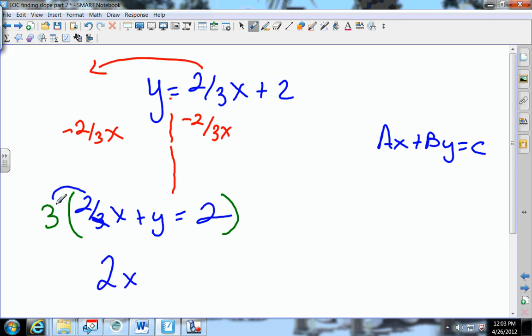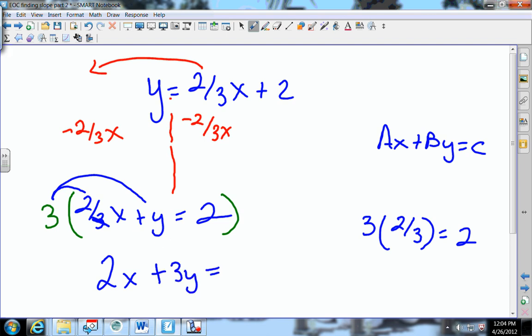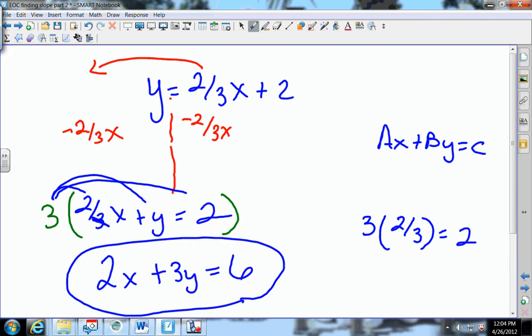And if you don't believe me, you can put in the calculator 3 times 2 divided by 3 and it will give you 2. Then take 3 times y, which is 3y. 3 times 2 is 6. This is in standard form.